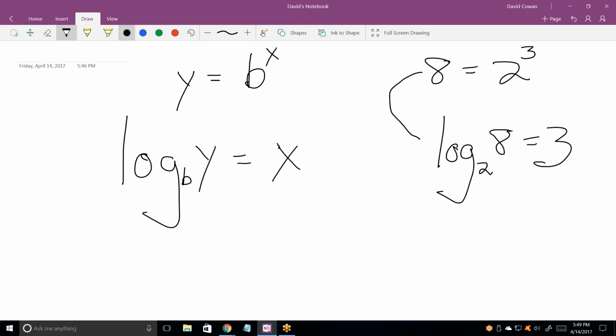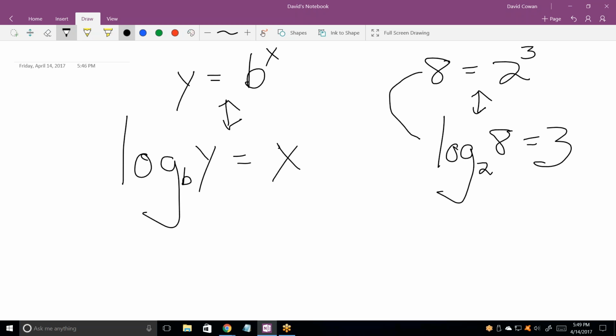So on the right, those two expressions are identical. They mean the same exact thing. That's what logs are all about. It's taking an exponential expression and turning it into a log expression. You see where those two are equivalent on the left, and those two are equivalent on the right.